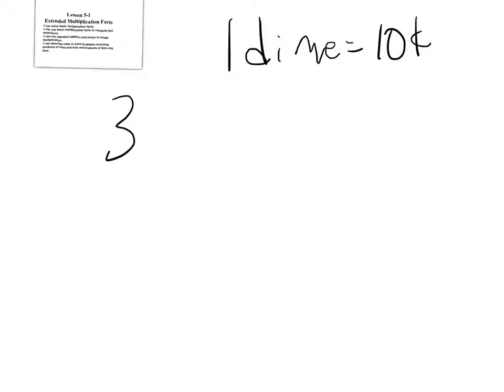If you think about money, you might think about how if you have dimes, each one dime equals 10 cents. So if you have one dime, you have 10 cents. But say you have three dimes. 3 dimes equals 30 cents.